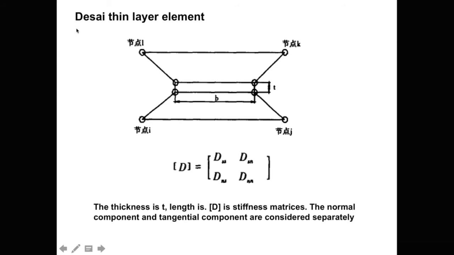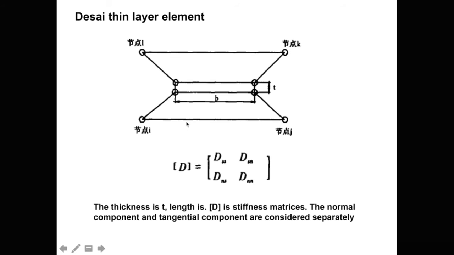Let's see another one, the thin layer soil element. For example, the upper element with four nodes belongs to soil, and the lower element with four nodes belongs to concrete. Then we can find a joint element with a thickness T here.